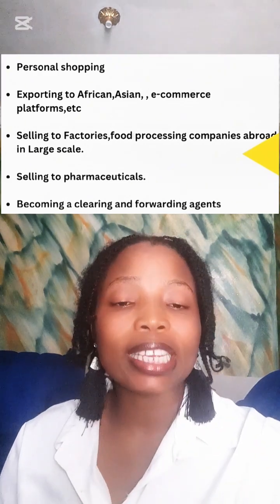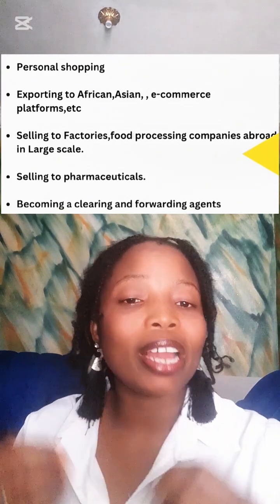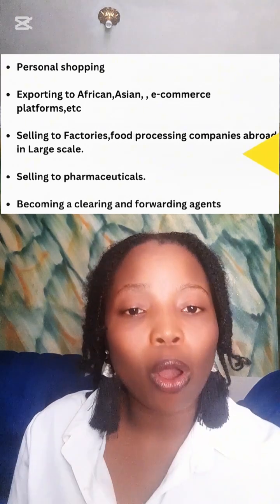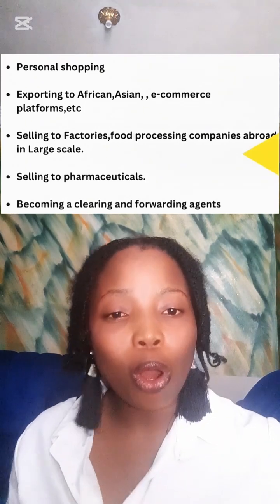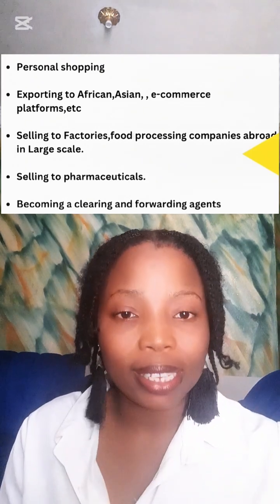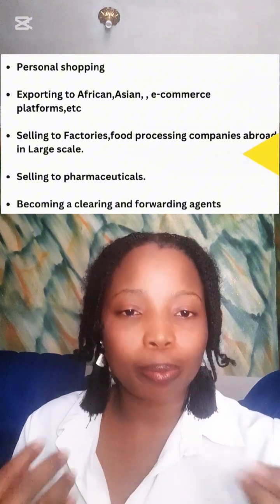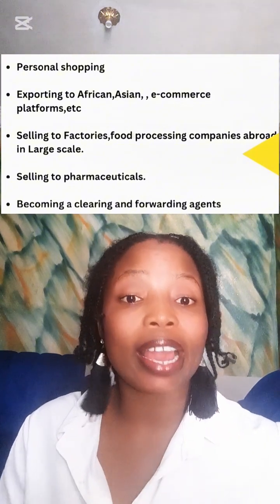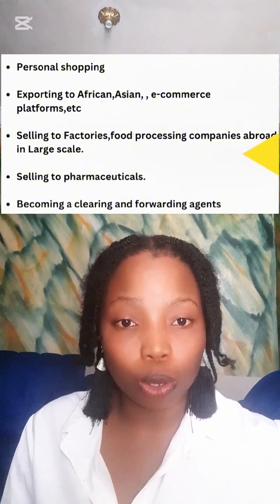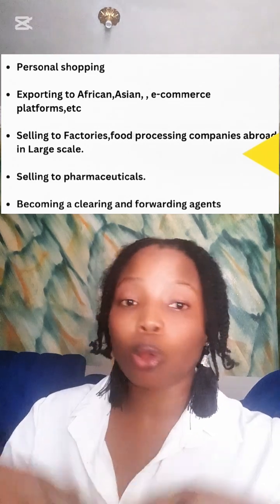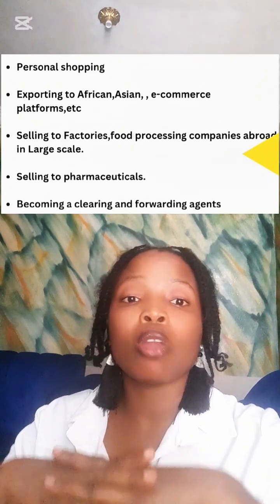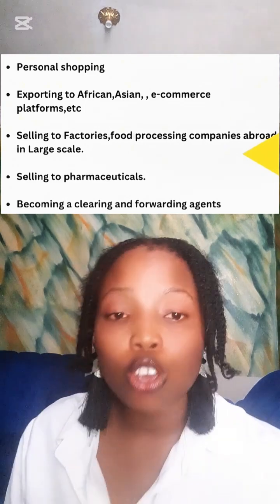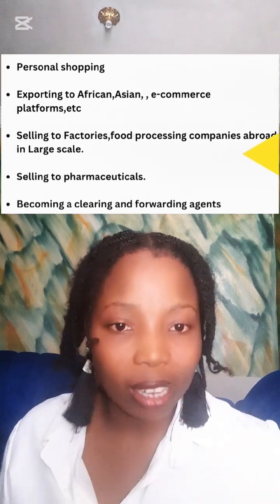Number two is exporting to Africans, to Asians, to e-commerce platforms, to stores abroad, even to individuals. This is called mini exportation or small scale exportation. In mini exportation, you export to stores, you export to e-commerce platforms, you export to individuals as well.